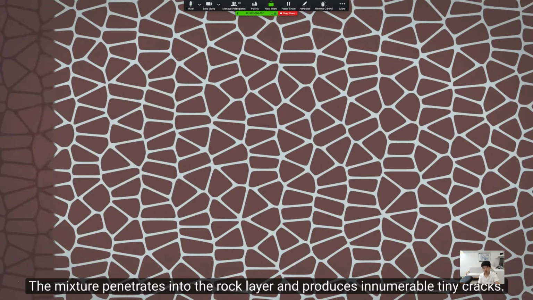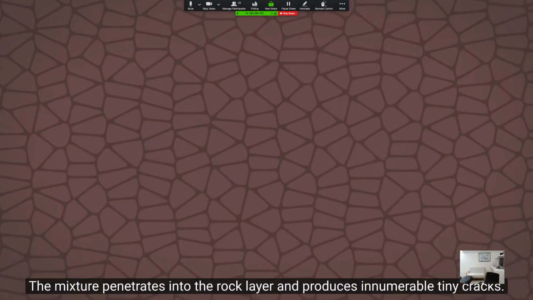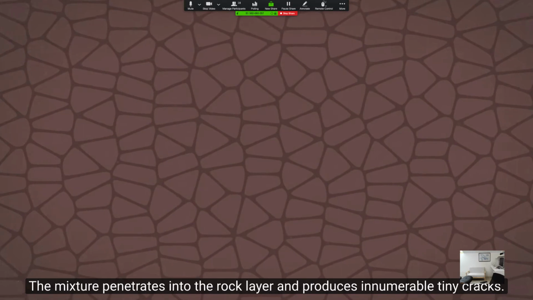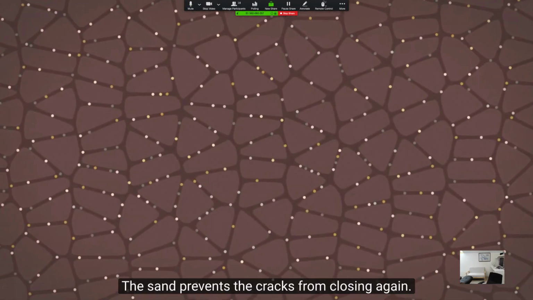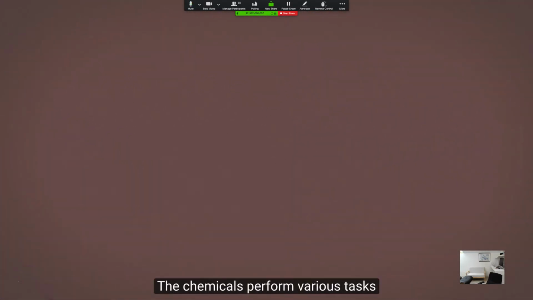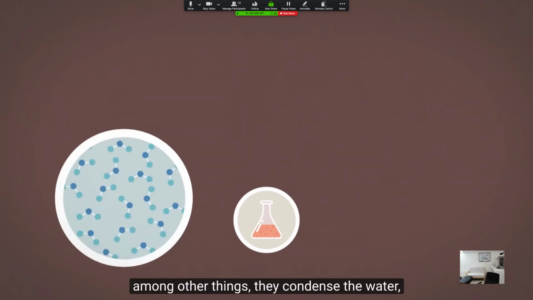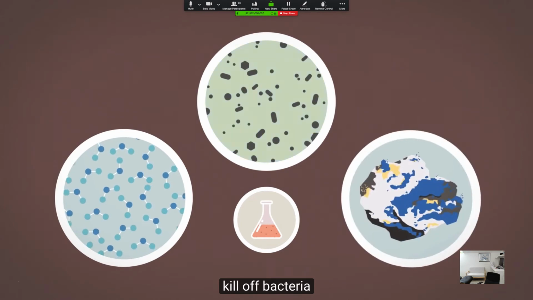The mixture penetrates into the rock layer and produces innumerable tiny cracks. The sand prevents the cracks from closing again. The chemicals perform various tasks. Among other things, they compress the water, kill off bacteria, or dissolve minerals.